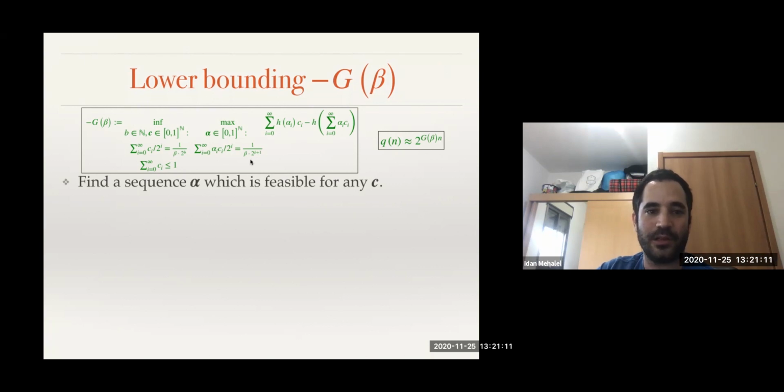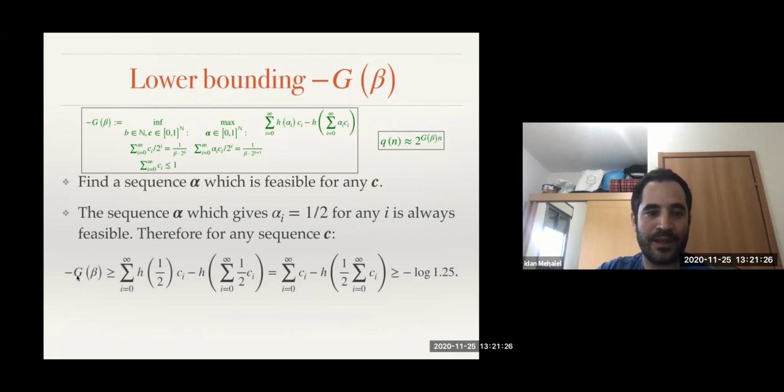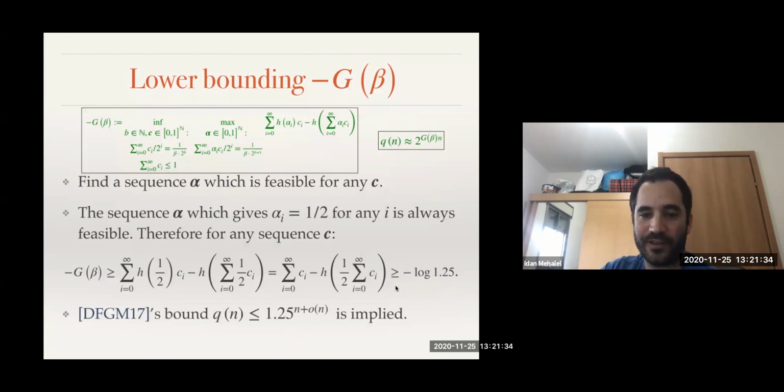So how can we lower bound minus g of beta? We can find a sequence alpha which is feasible for any sequence C. So trust me that the sequence alpha with alpha_i equals half for every i is always feasible. And therefore, minus g of beta is always at least this expression, which is at least minus log 1.25.